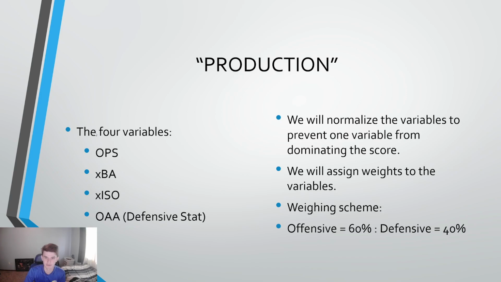Now, I know I said 3 before, but it's actually coming from 4 variables. We have OPS, expected batting average, expected ISO, and OAA, which is outs above average. Expected batting average and expected ISO are basically the same version of batting average and ISO, but they take out more of the luck factor that we get in baseball, because baseball, if you've ever watched it, is a very lucky sport.